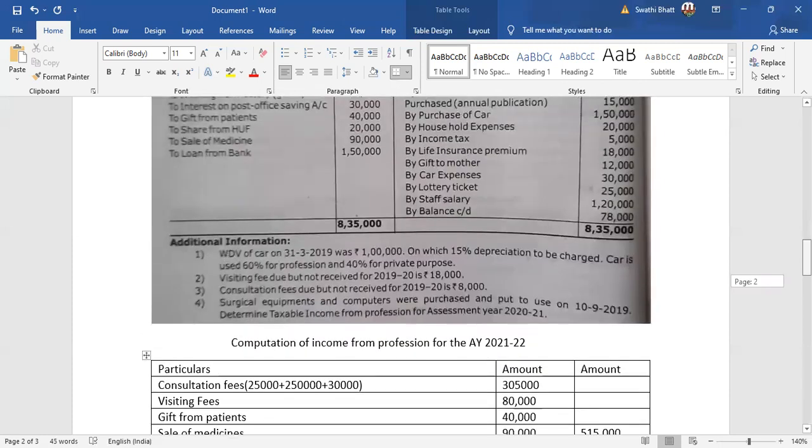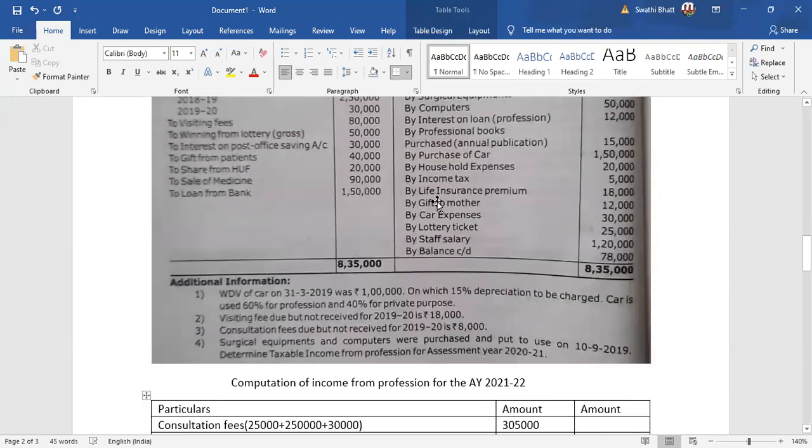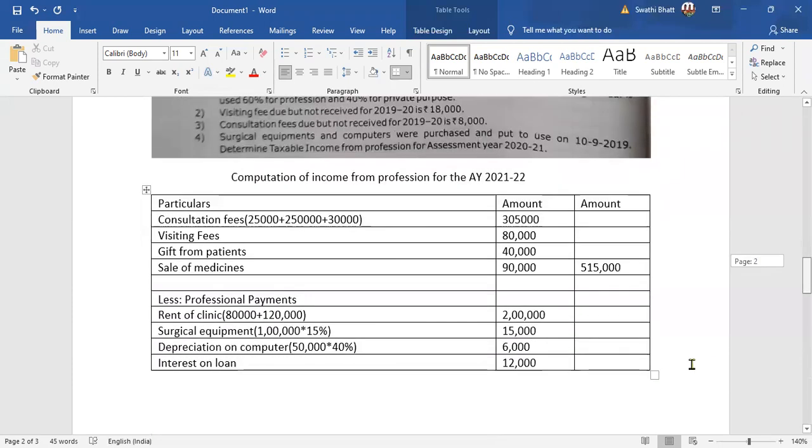The next one is, again, professional books purchased. Again, for a doctor, books are also his asset. Whatever books he purchases will become a capital expenditure. When we talk about capital expenditure, we do not write the purchase price of those assets. We only calculate depreciation on those assets.